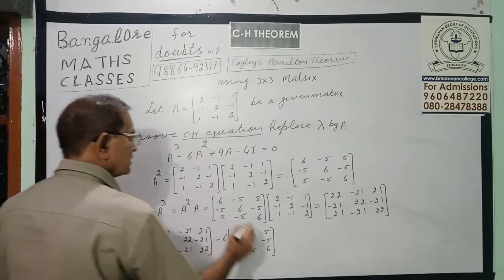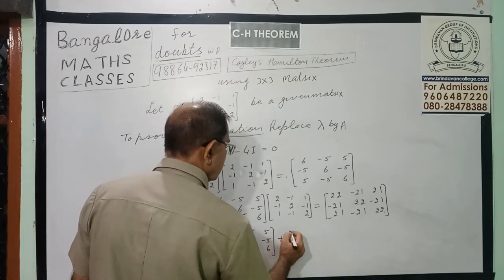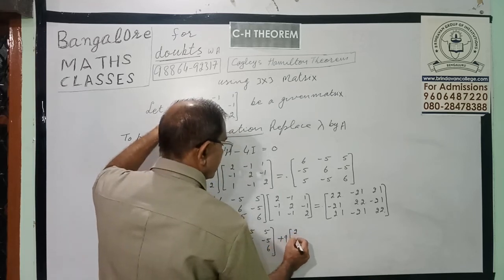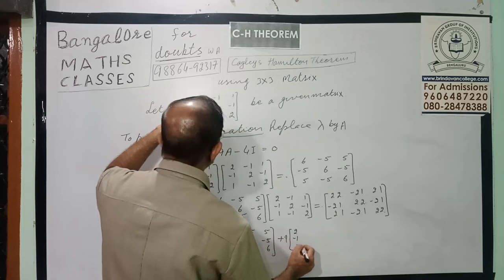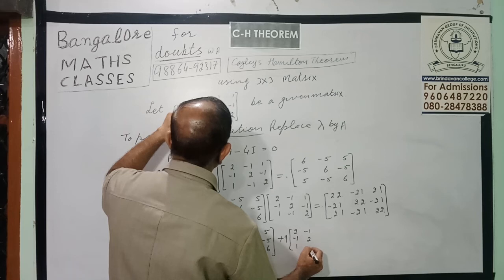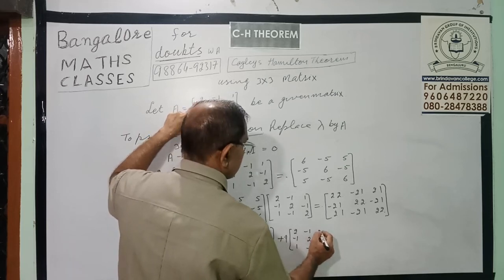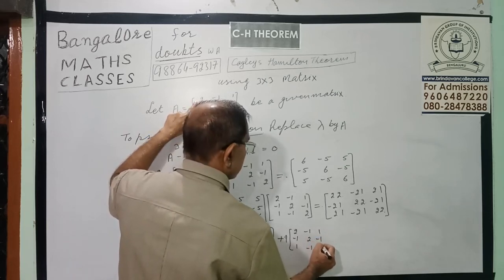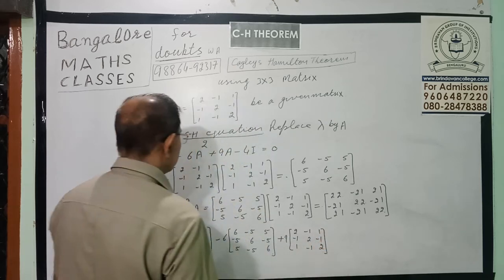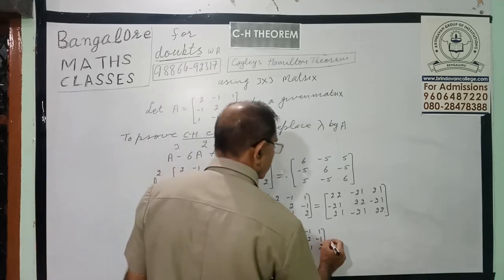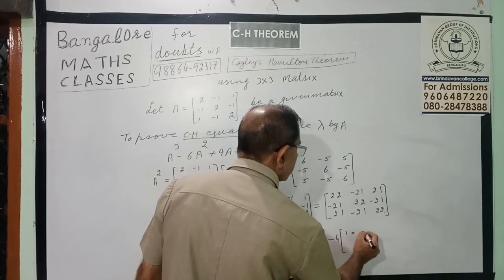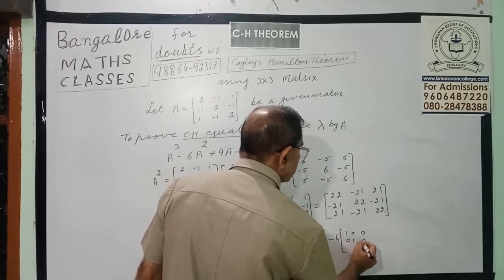So this is 6A square plus 9A, for A that is 2 minus 1 1, minus 1 2 minus 1, 1 minus 1 2, minus 4 I, for I the 3 by 3 unit matrix.